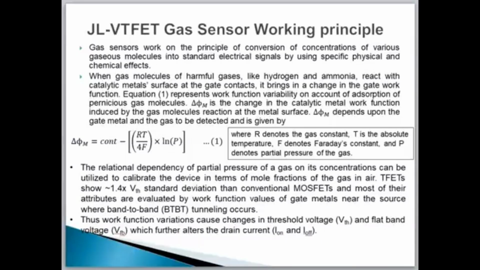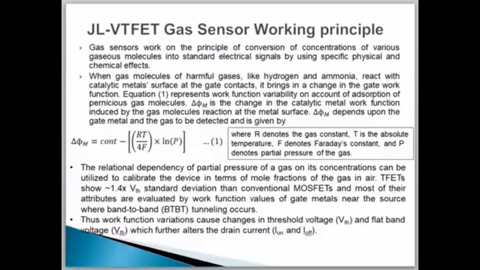When gas molecules of harmful gases like hydrogen and ammonia react with the catalytic metal surface at the gate contact, it brings a change in the gate work function. In the last slide, for the H2 sensors, I explained how the gas molecule of the hydrogen atom affected the gate metal work function and its conductivity.